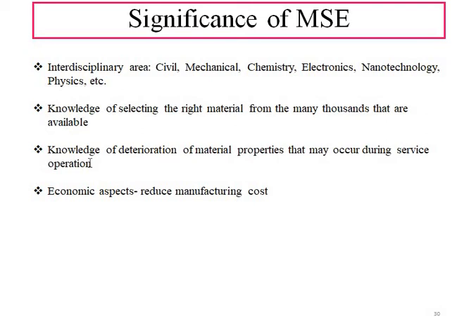Here, what you need is some knowledge to select a proper material from the database of some thousand materials available, and then you apply it at the proper place. Also, you need another knowledge, like knowledge of deterioration of material, like how long a material will be used. If it is for a small short term application, you can use some kind of polymer rather than some steel.